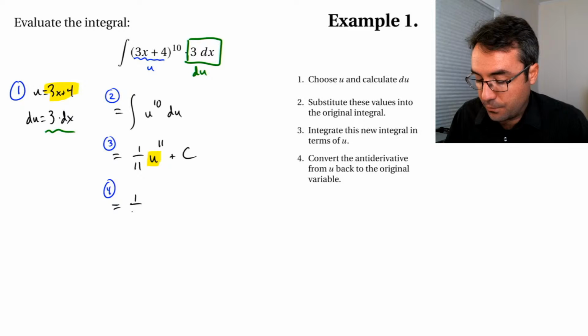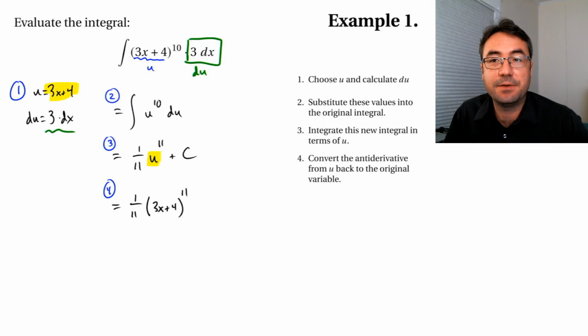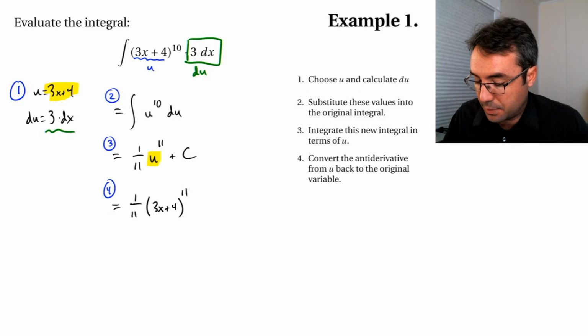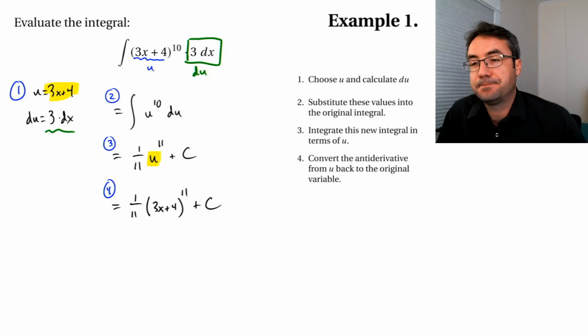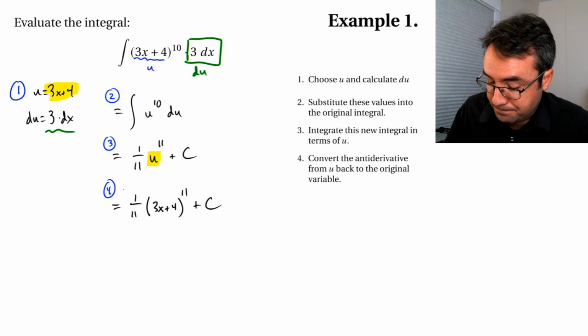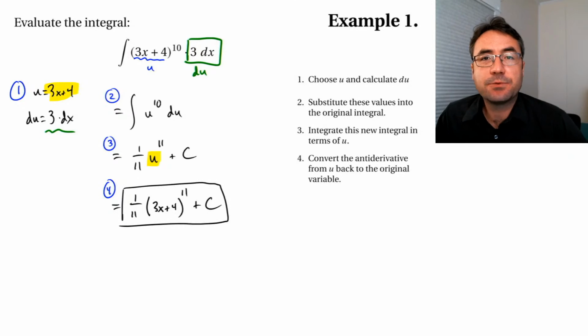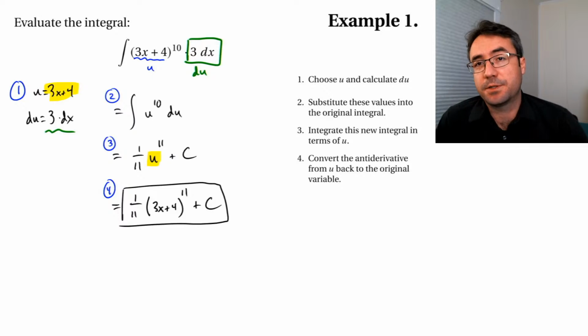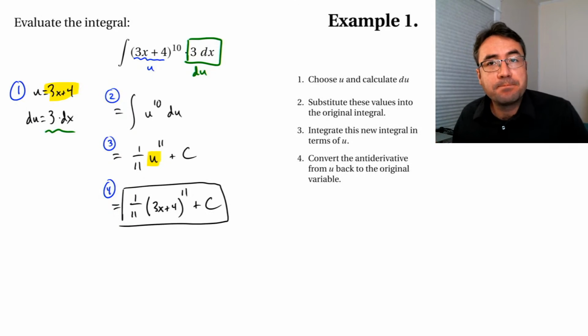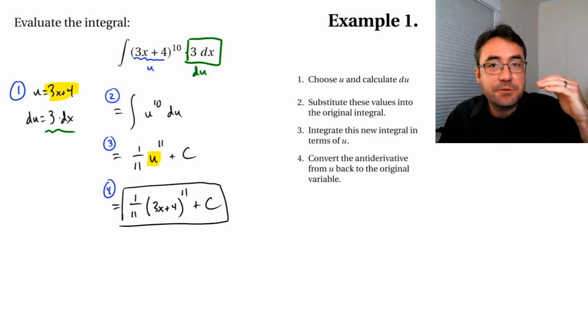So we'll have the 1/11 in front, then (3x + 4) raised to the 11, and still our plus c at the end. That's our antiderivative. That's really how the substitution rule works. The chain rule is where it comes from, but we think of this as more of a process, these four steps.